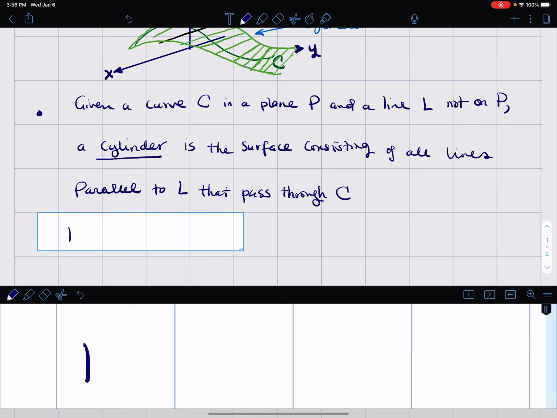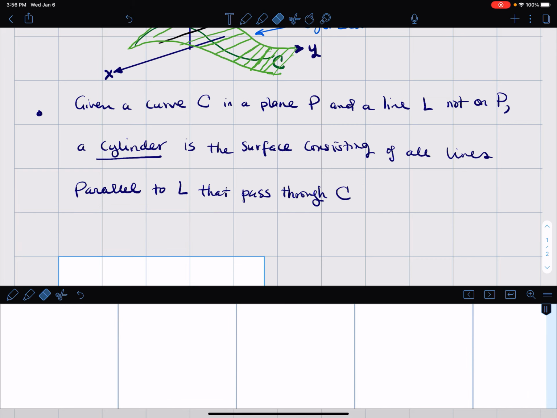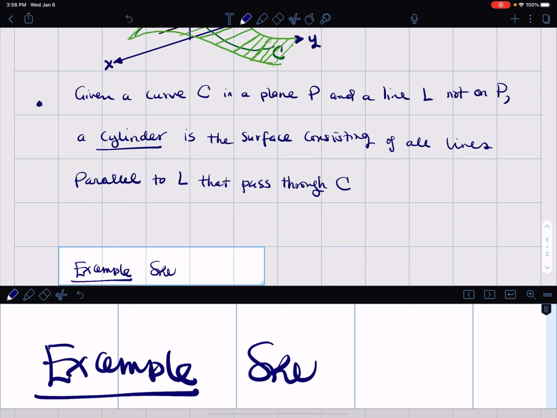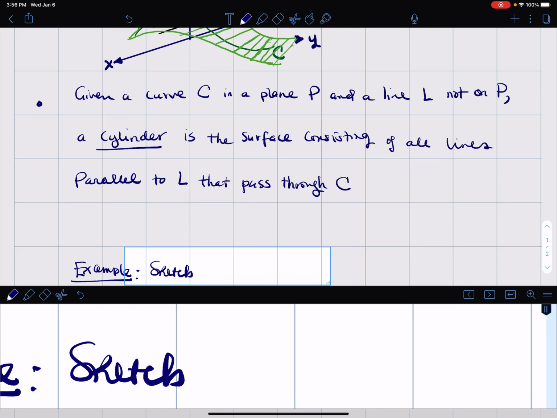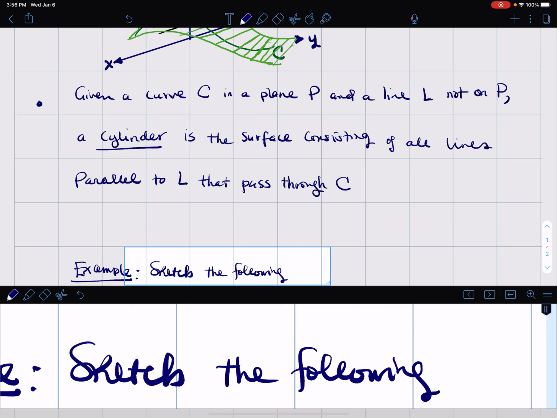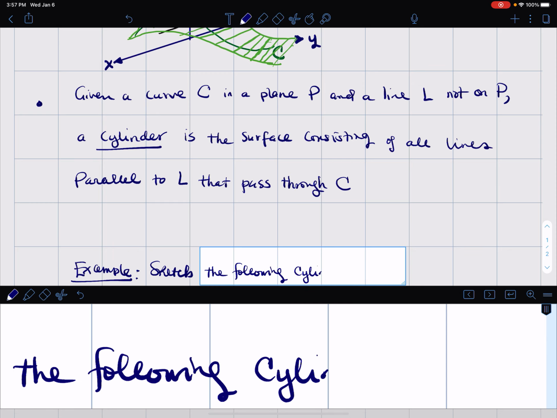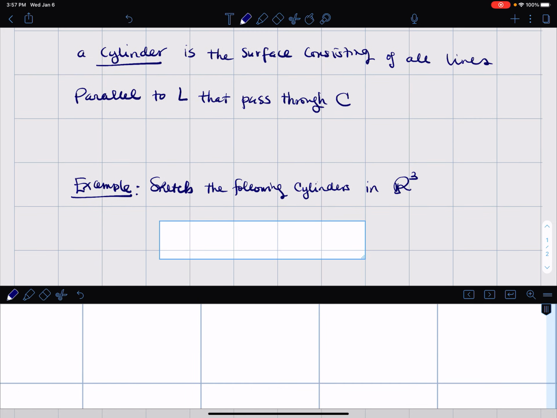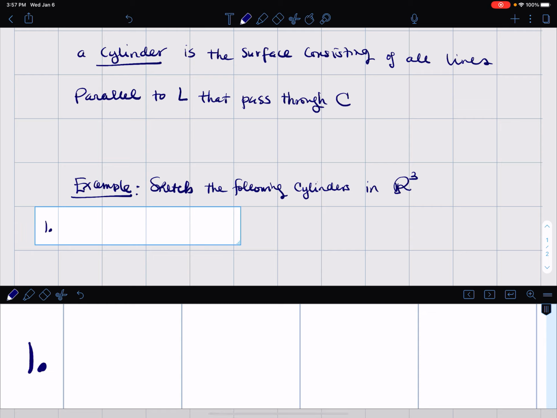Sketch the following cylinders in R3. All right, so this is y is equal to x squared. Isn't this interesting?